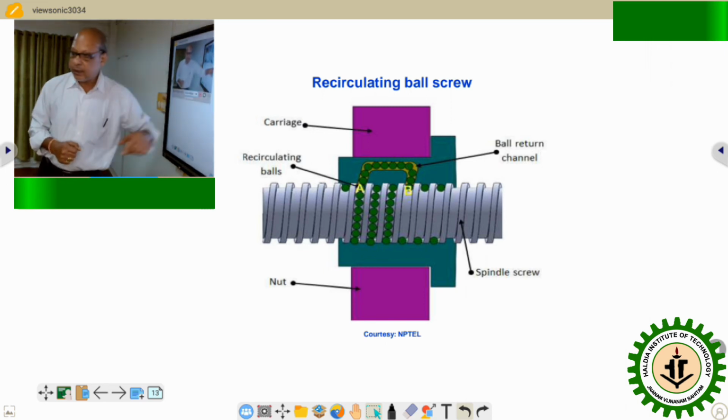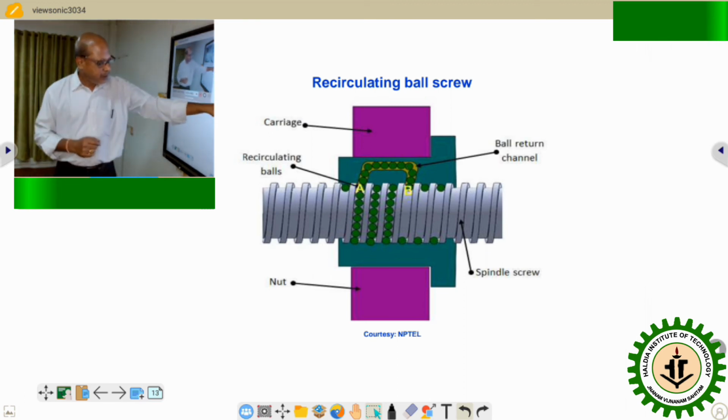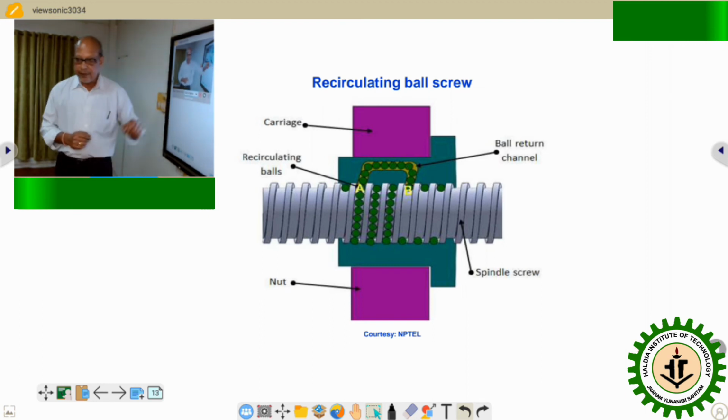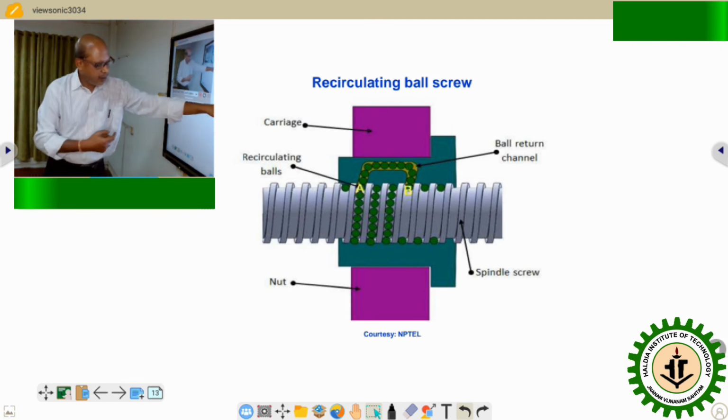How does it function? Look very carefully, two alphabets are given, A and B. Suppose we consider one ball which enters the system at point A. In this particular diagram, there are 6 such helical grooves, which are filled with the balls.